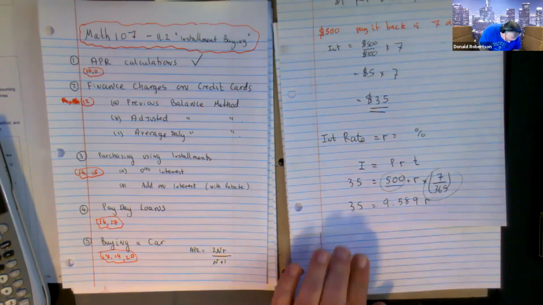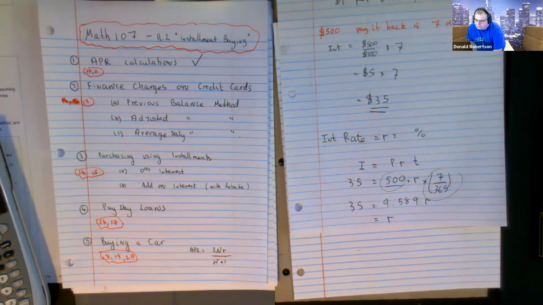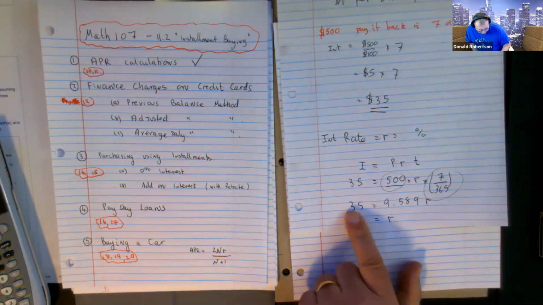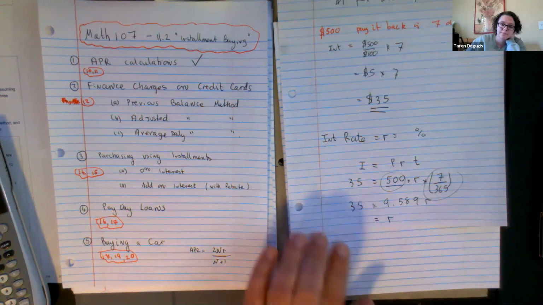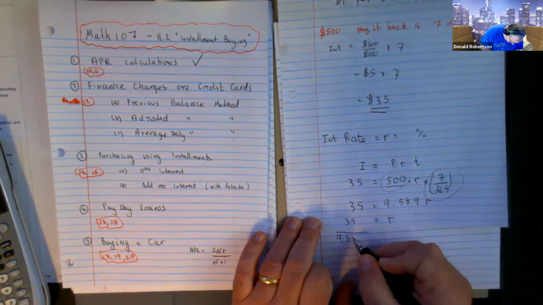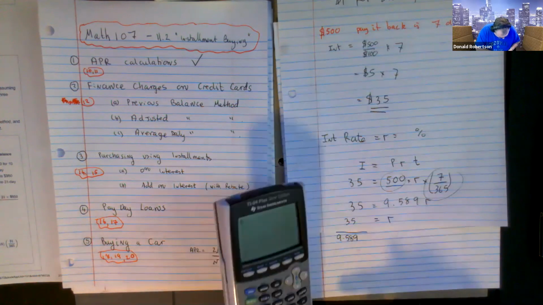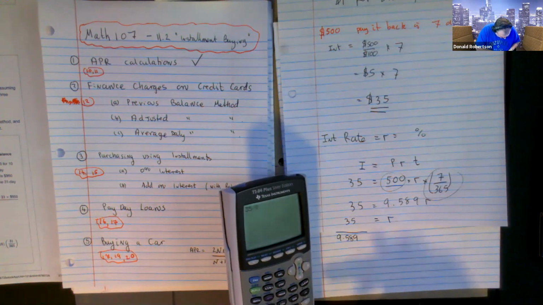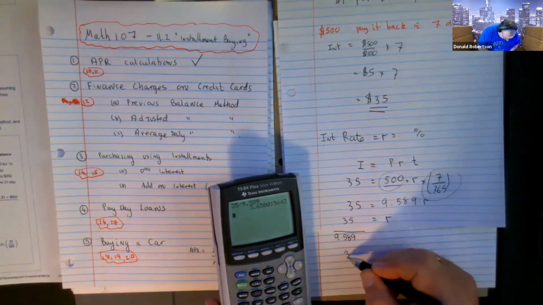Now, what do I do to both sides to get R? $35 is this guy times R. What do I do to both sides to find R? You're going to divide. So I'm going to take 35 and divide it by that ridiculously ugly decimal. So here goes: 35 divided by 9.589. And the answer I get is 3.65.